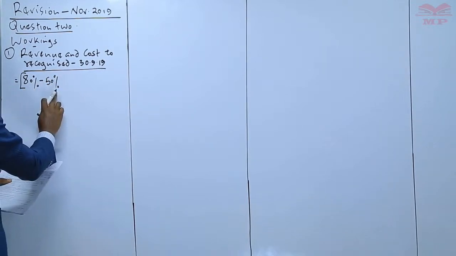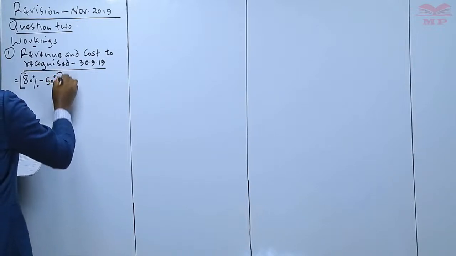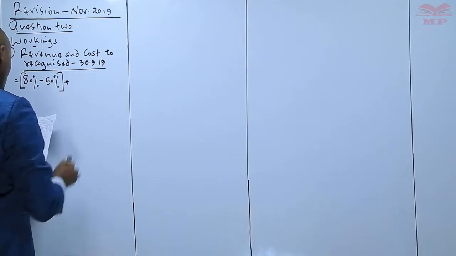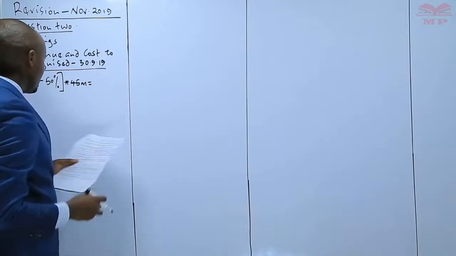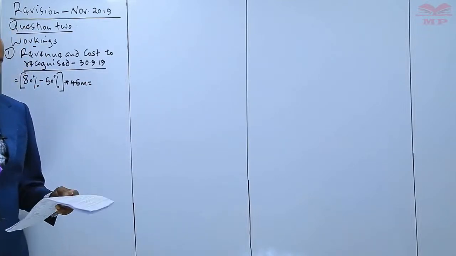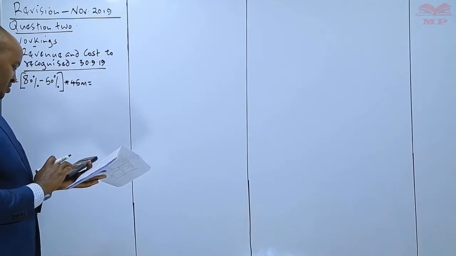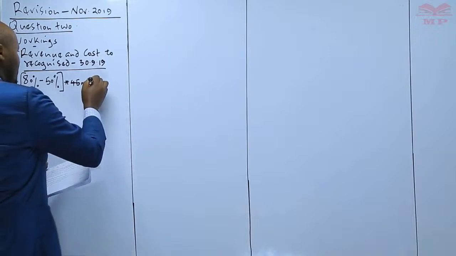So during the current year we are going to recognize revenue equivalent to 30%, and then we multiply that with the total contract price, which is 45 million. So we get 30% of 45 million, 0.3 times 45 million. That will give us 13.5 million.